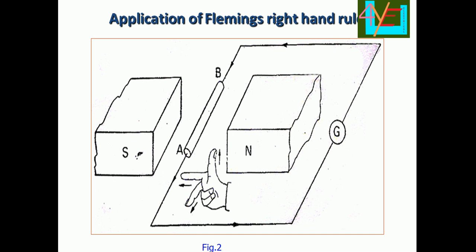Whenever there is a stationary magnetic field and a rotating conductor AB, the forefinger F indicates the direction of the flux, the thumb indicates the motion of the conductor, and the middle finger indicates the induced EMF in the conductor.